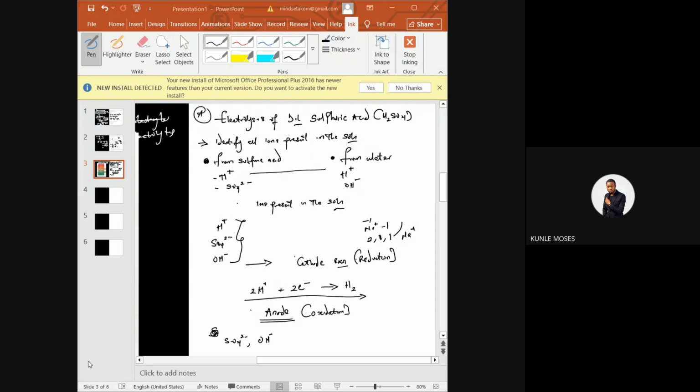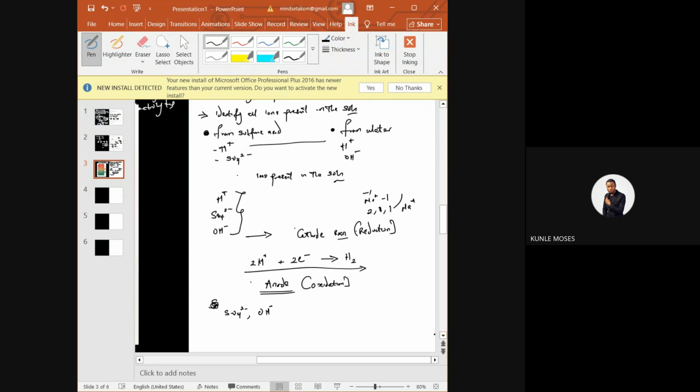So the hydroxide ion will now lose an electron, because oxidation is loss of electron, or you can call oxidation gain of oxygen. I think I gave you all these things before. Gain of oxygen or loss of hydrogen. Check the previous notes to get it.